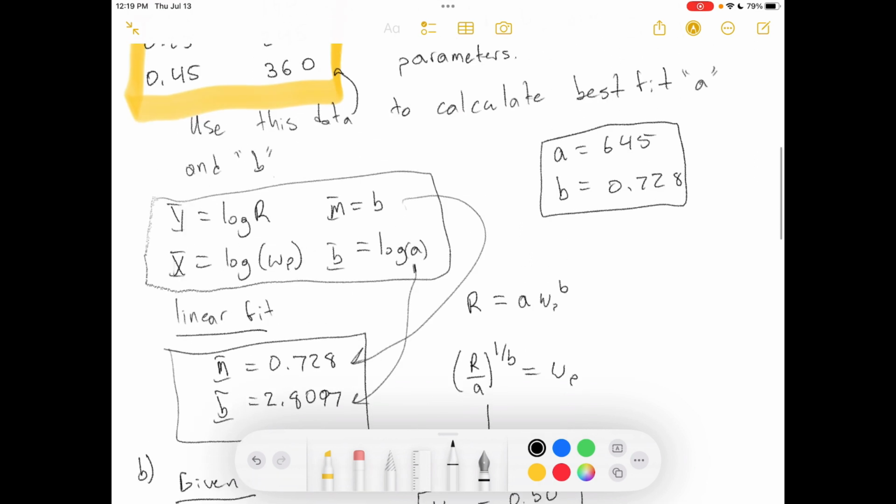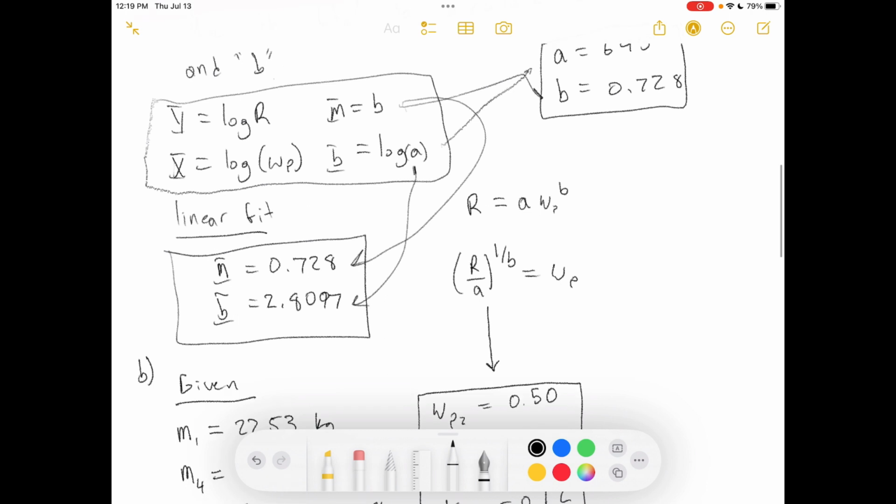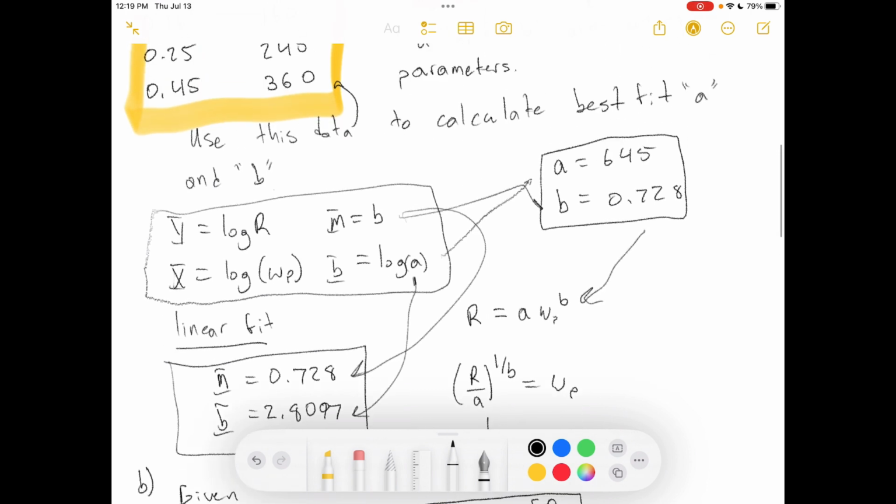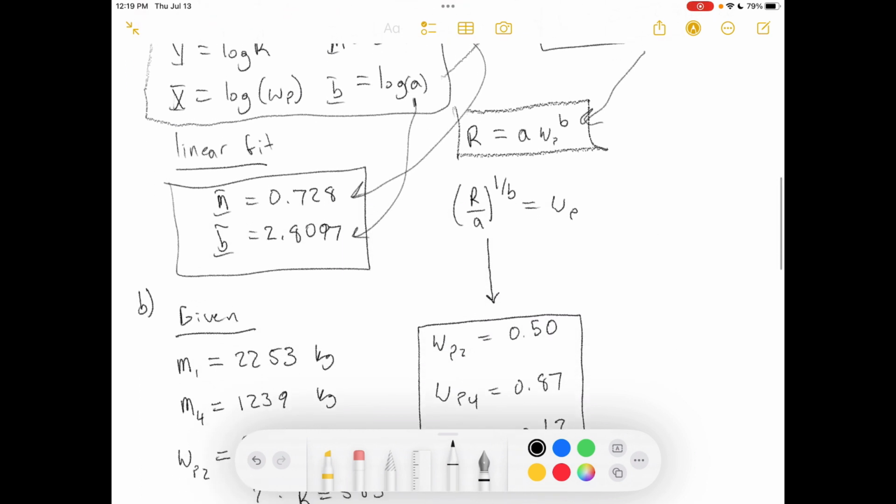Okay, so B is this and A is this. Anyway, then you could use these parameters that adjust for the best fit in this equation. And then you can rearrange this equation to solve for, given an A and a B and given an R, you can calculate what the mass fraction should be.